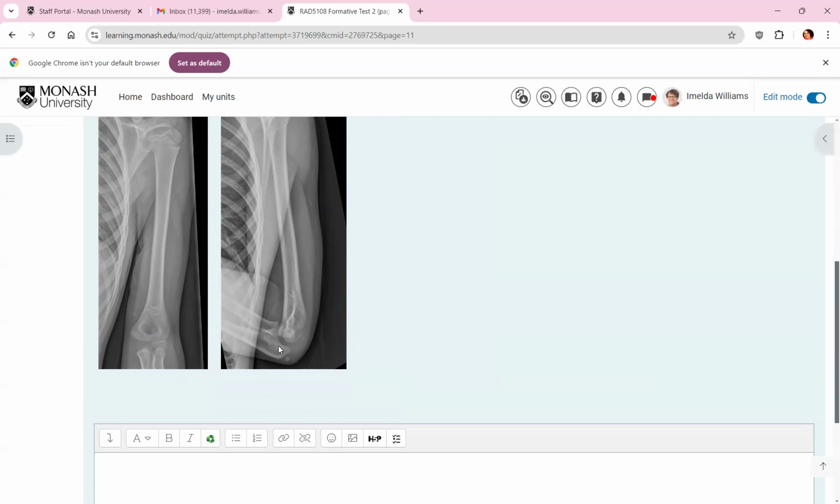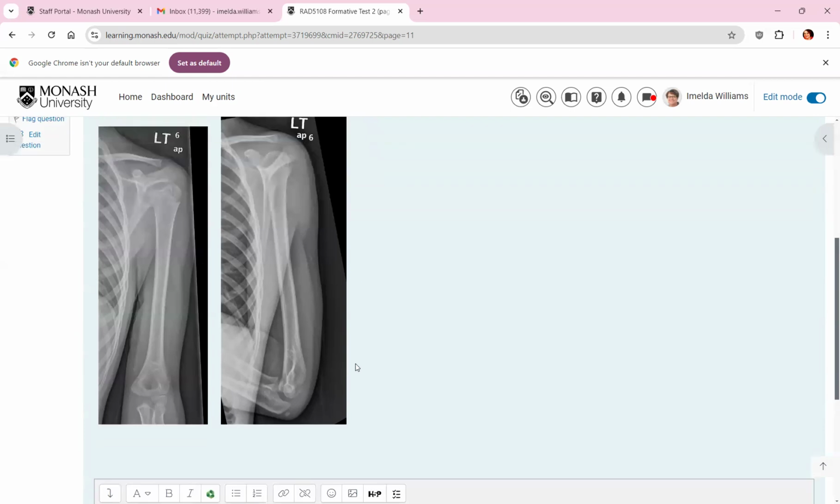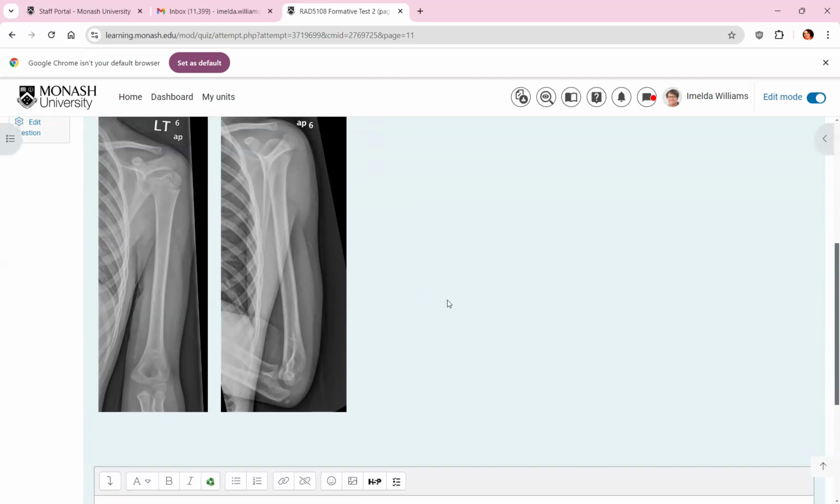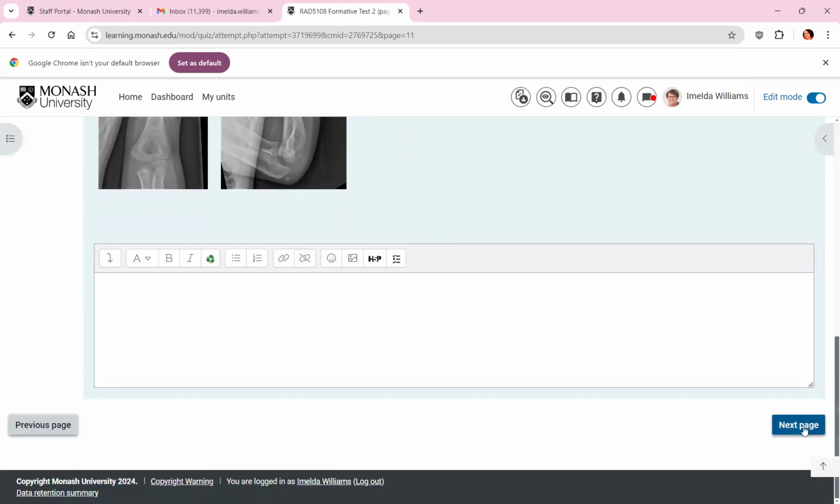It's more difficult to talk about the anterior humeral line because the elbow, of course, is not in an ideal position. However, there's no evidence of any fractures or dislocations. There's not even any sign of abnormal soft tissue. So this is a normal case study.